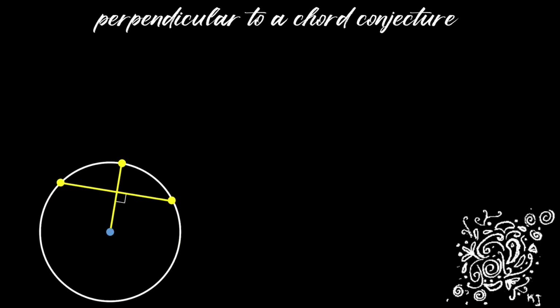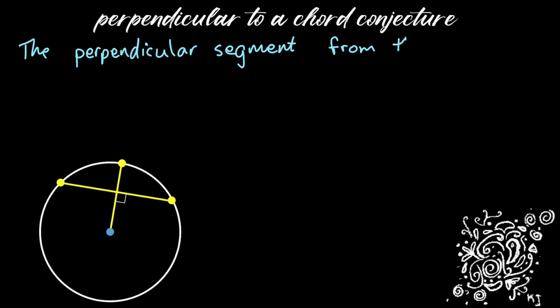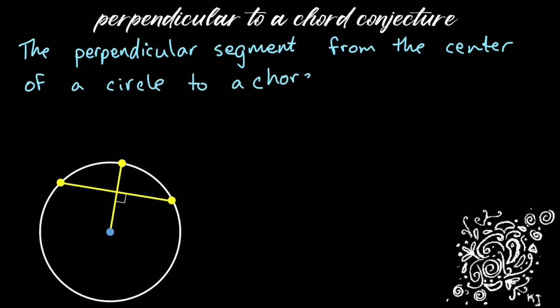All right. The perpendicular to a chord conjecture states that the perpendicular segment from the center of a circle to a chord bisects the chord.